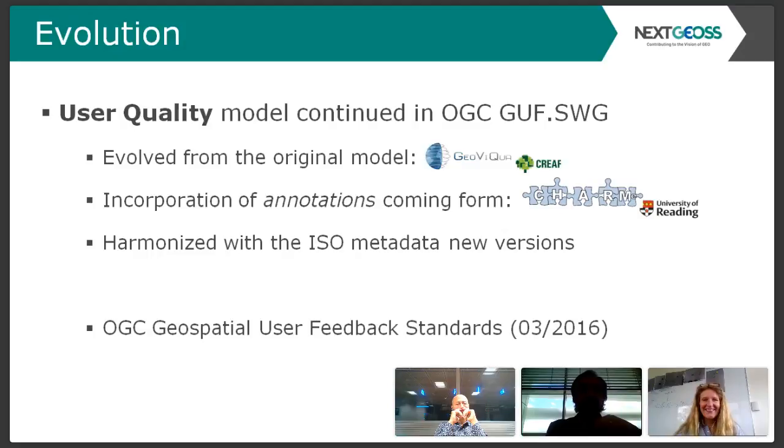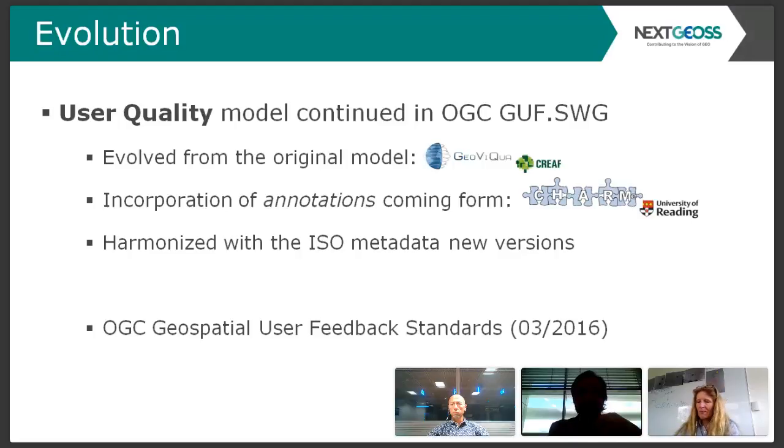What we did was to harvest or learn from what was originally discovered in GeoViQUA, and then use another project called CHARMe that had this approach on annotations. We also looked at this forum approach and at the ISO metadata, and we wanted to harmonize with ISO metadata just because it's the standard language that the geospatial community is used to.